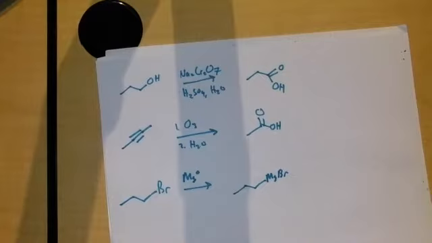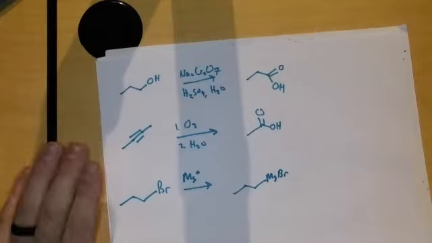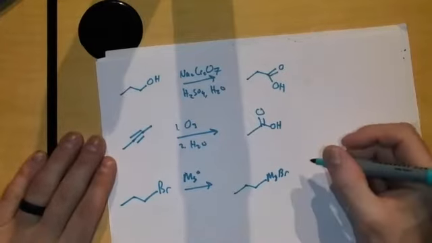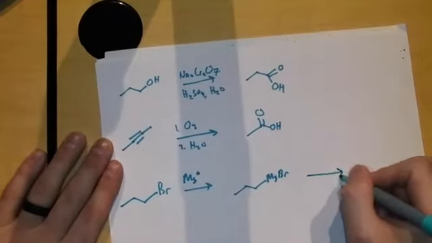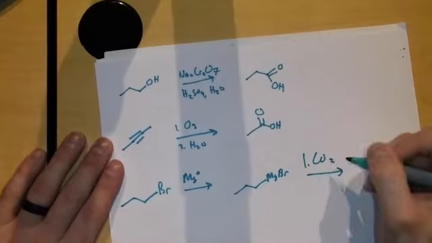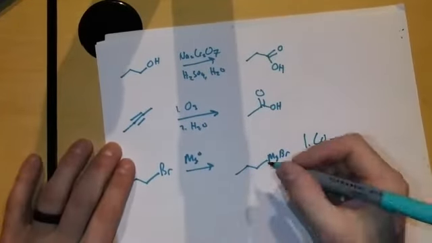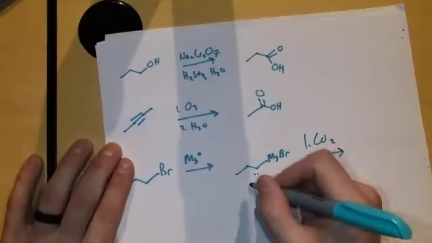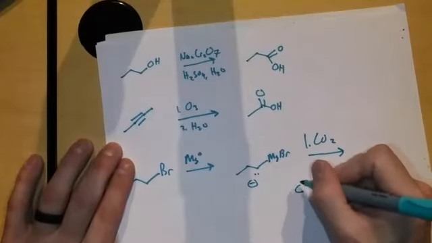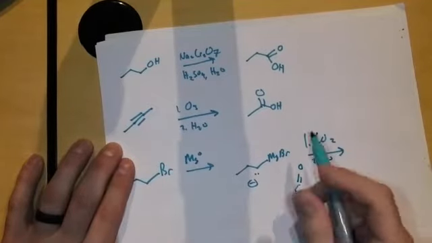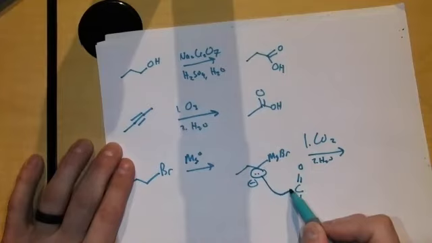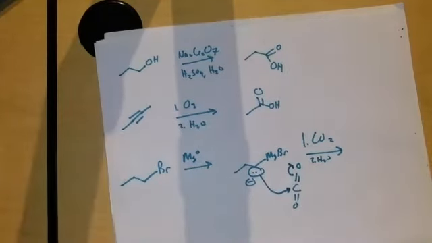From this Grignard here, if I throw in carbon dioxide, CO2, what I can have happen is the 2 electrons from this Grignard can attack our CO2, kicking up the electrons to our oxygen.